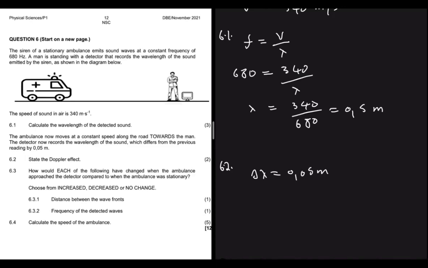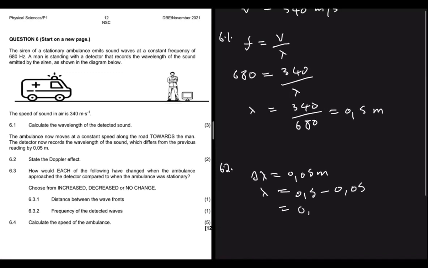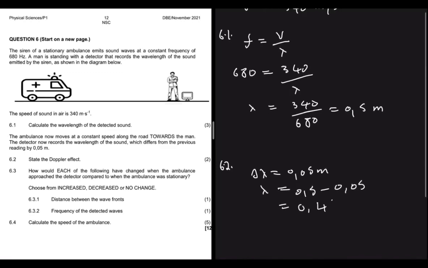Okay, before we go any further, it is said that the ambulance is moving towards the man, right? So from here, we should know that the new wavelength of the detected sound will be equal to 0.5 minus 0.05, which is 0.45 meters.